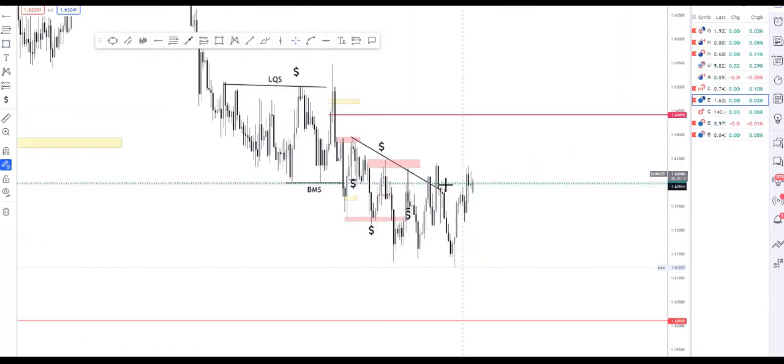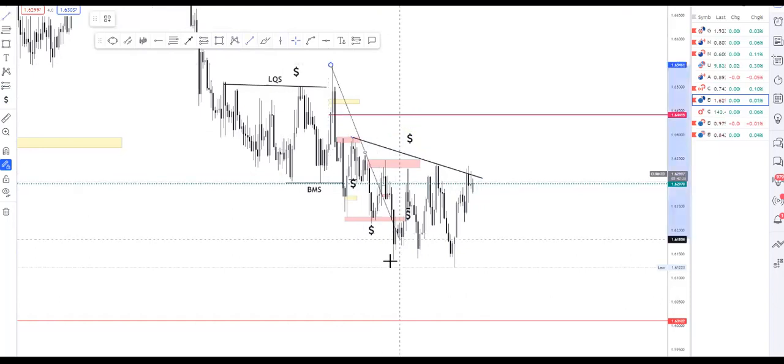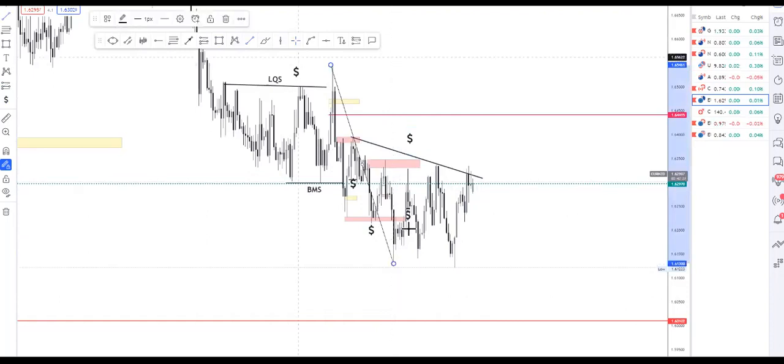So right here, we just have liquidity everywhere on this chart. This chart is made up of liquidity. This is Euro NZD. And this move, I'll take this move as a whole range. And right here, I'm anticipating price to pull back to this area.